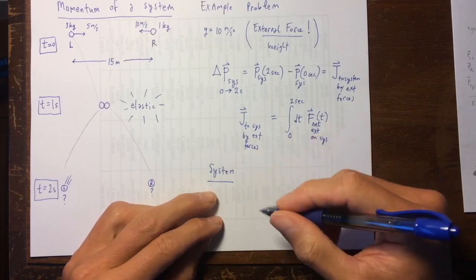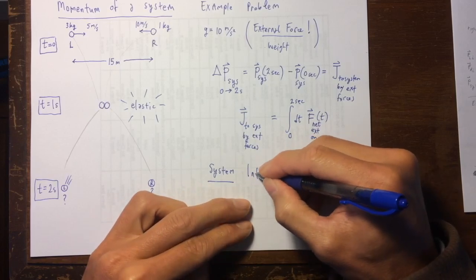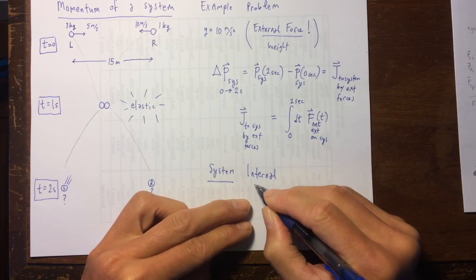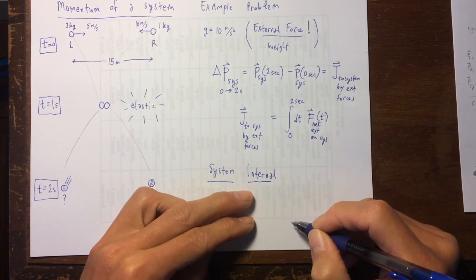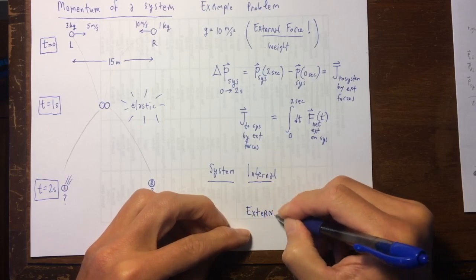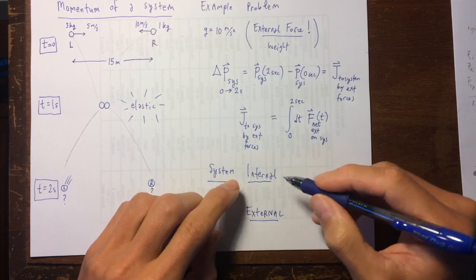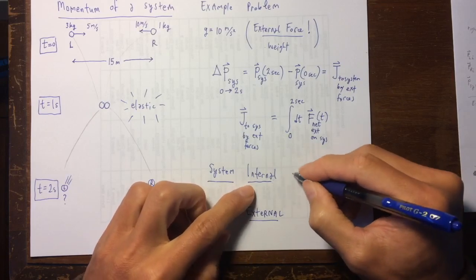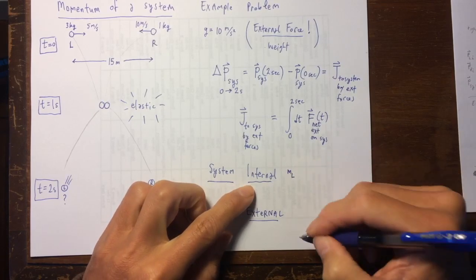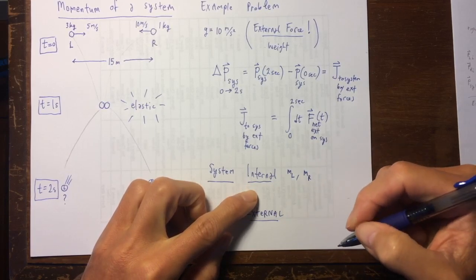And in order to describe the system, you have to describe what is so-called internal to the system and what is external to the system.